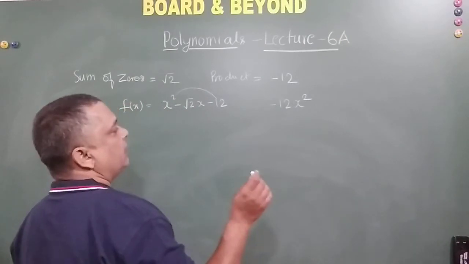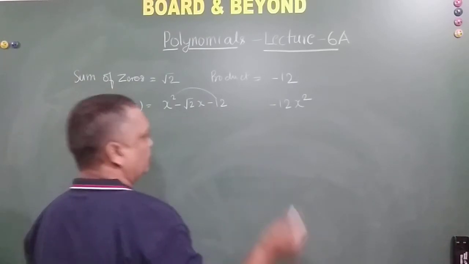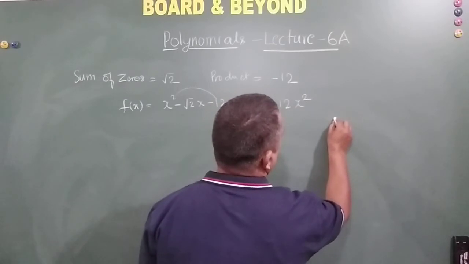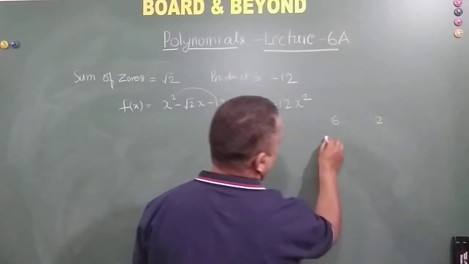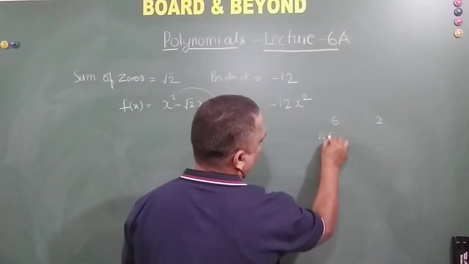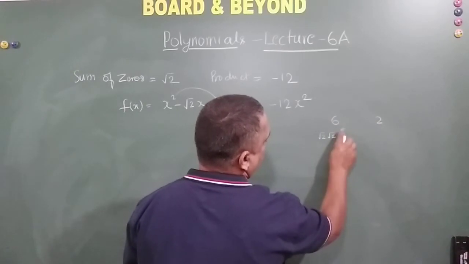Let's take 6 and 2. Correct? So 6 can be written as root 2 into root 2 into 3, right?